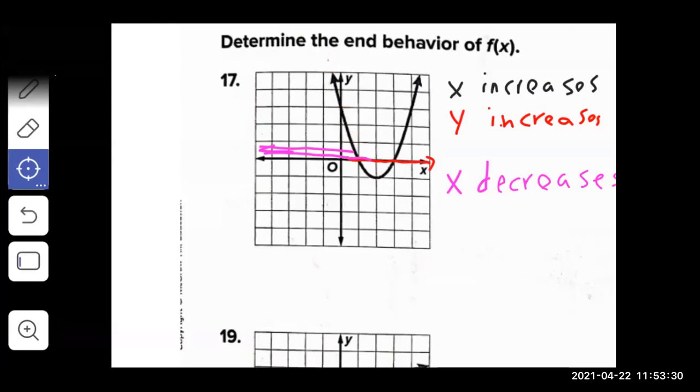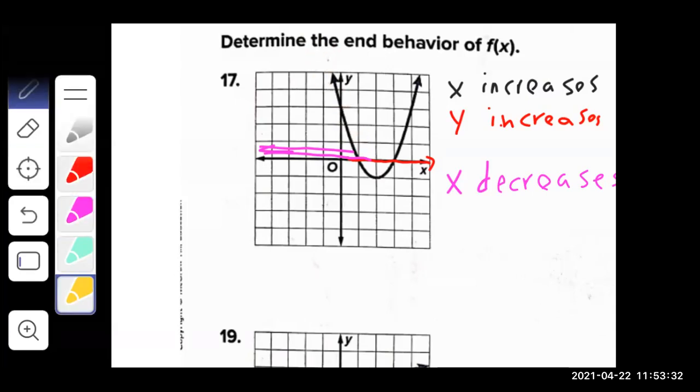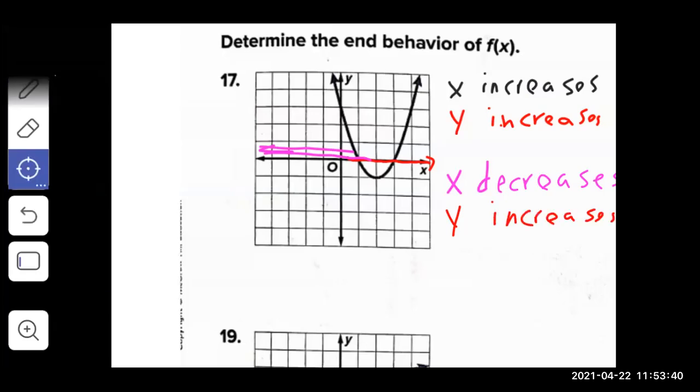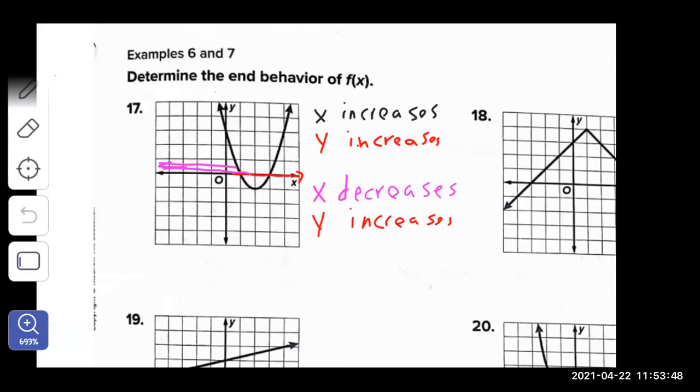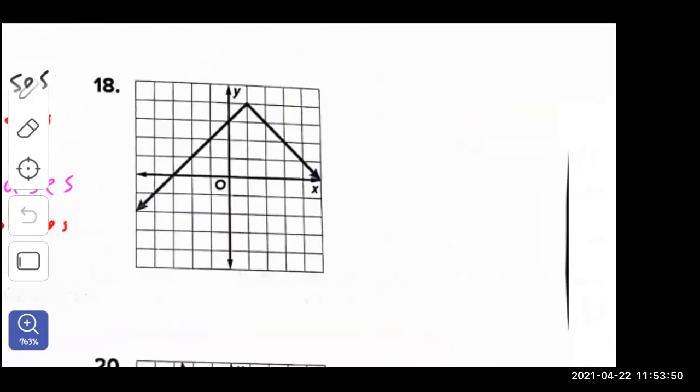Increase. It's going up. Then you're going to say y increases as well. As you can see, in this function, if you move to the right, the function goes up. If you move to the left, the function goes up. The same. Yes.